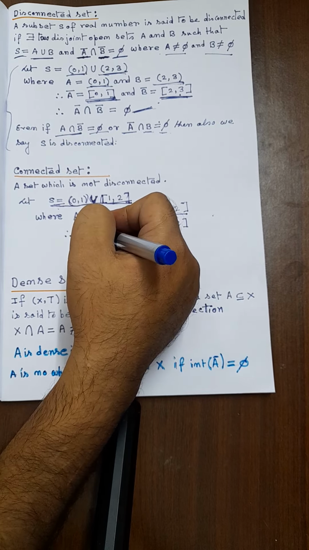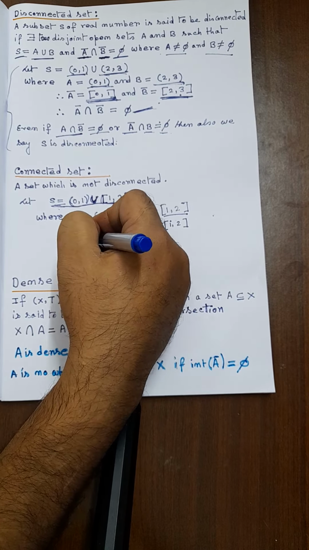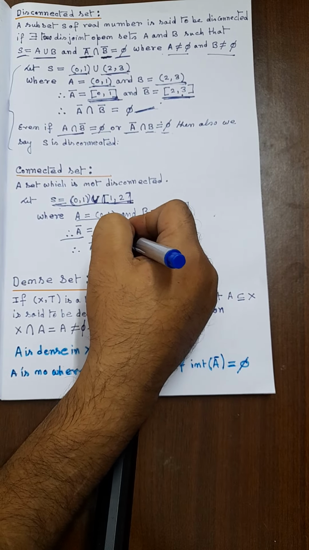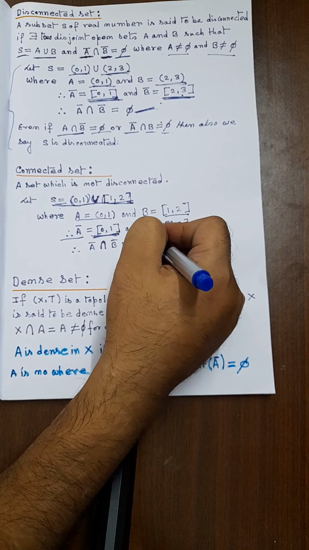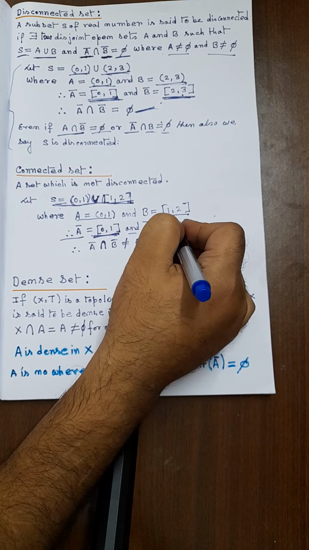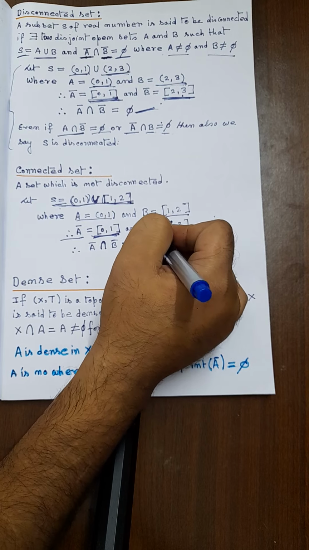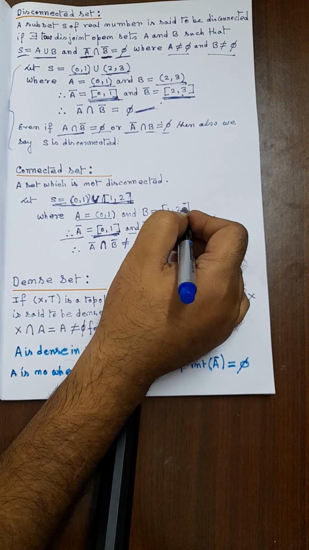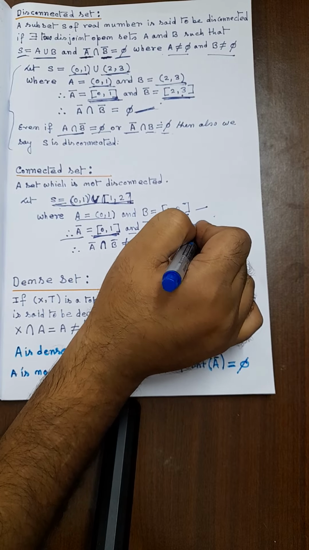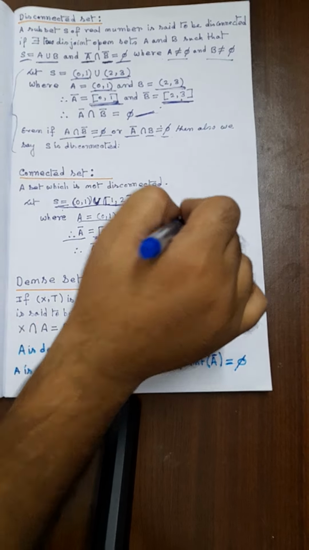So what will be the closure of the set A? It will be the closed interval [0,1]. And what will be the closure of the set B? It will be again [1,2], right? The closure of a closed interval always returns the same closed interval, so it will be [1,2].